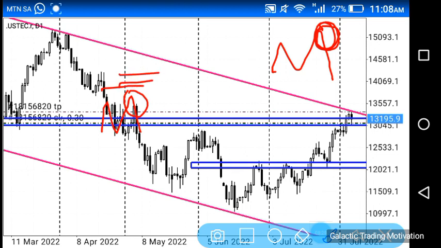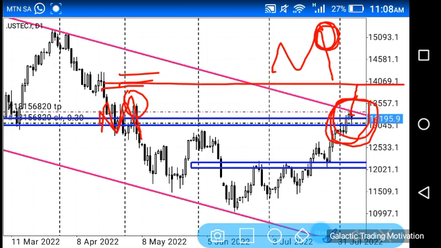So as much as I'm saying that the anticipation is for price to push further down from here, what may actually happen is the market may push slightly up just to grab all of those stop losses that are just above this M structure over here. And then after grabbing all of those stop losses, price may move further down to at least this level over here where we have this W structure, right?